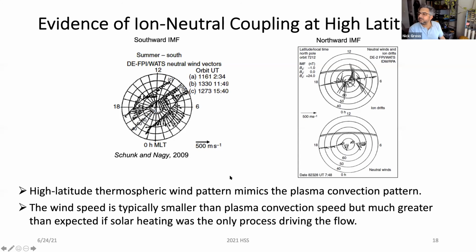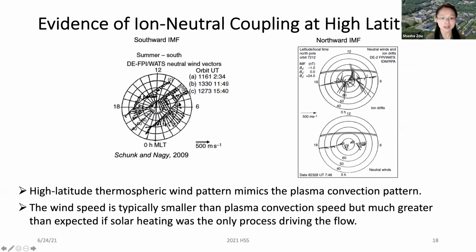Now, you understand that the magnetic reconnection can drive high latitude ionosphere convection, right? And I also mentioned to you, there are a lot of neutrals in the surrounding region. So once the ions start to move, they feel the neutrals. If the magnetosphere drives the ionosphere really hard, the ions can actually drive the neutrals.